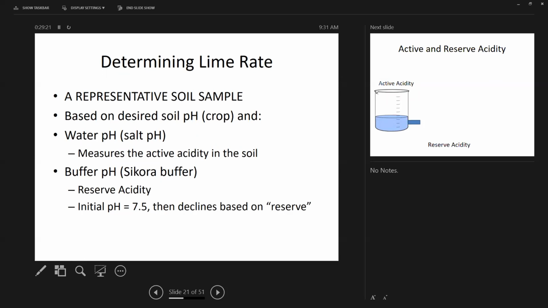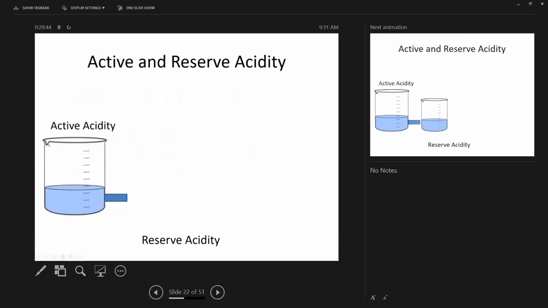So what soil pH are we targeting? And then it comes into play our water pH that was measured, or our salt pH, which is measuring that active acidity, and then our buffer pH using the Sikora buffer. So that reserve acidity, we're starting at 7.5, and it declines based on how much acidity is in reserve.